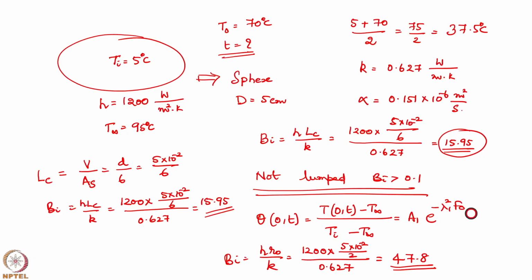So from the table, at a Biot number of 47.8, you get lambda 1 equal to 3.0753 and A1 equal to 1.9958.